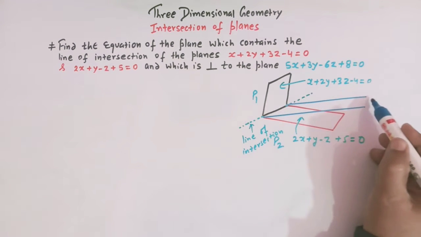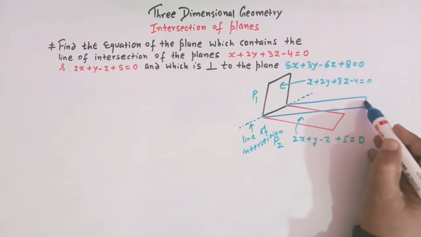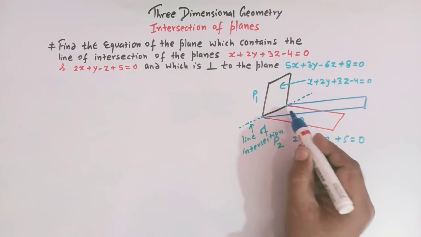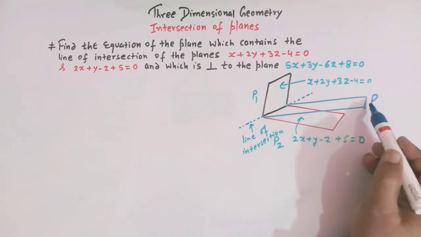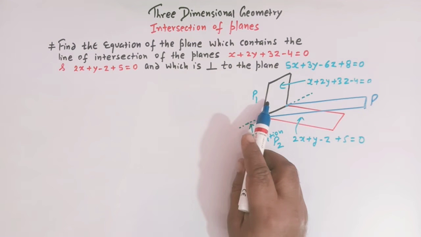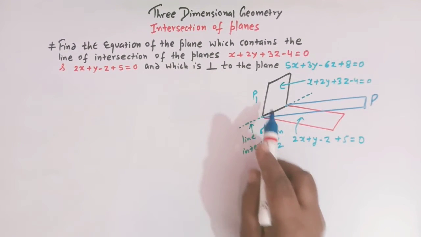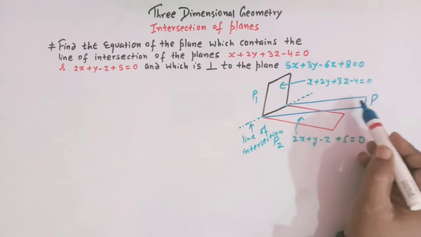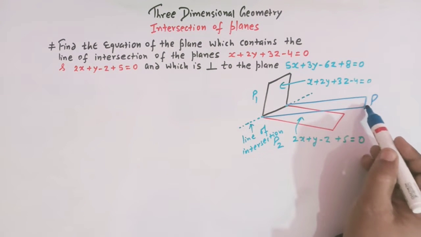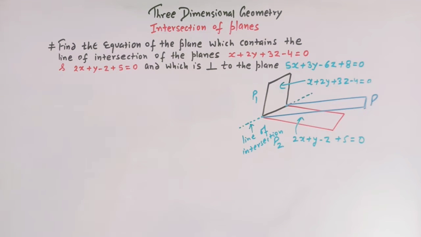Suppose this is our required plane, and we can denote it by P. So P is the plane which passes through the line of intersection of these two planes P1 and P2, and we have to find the equation of this plane P.